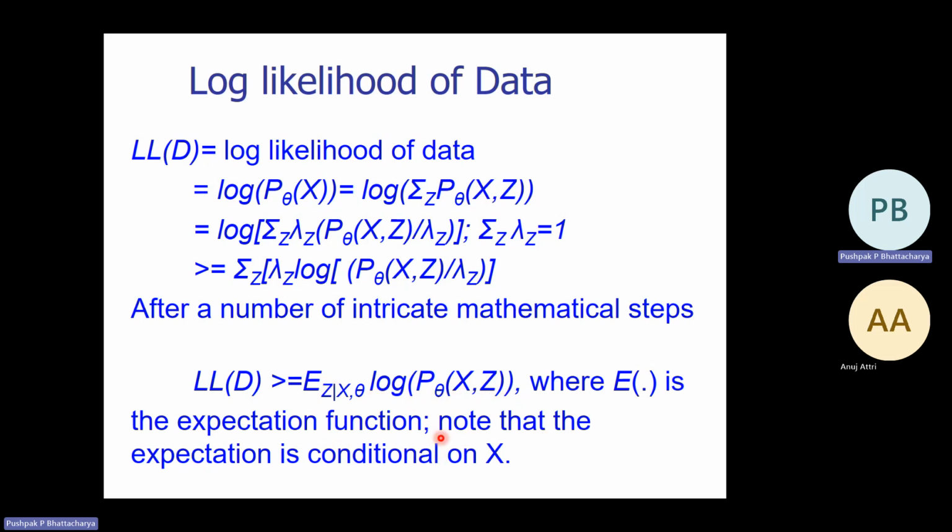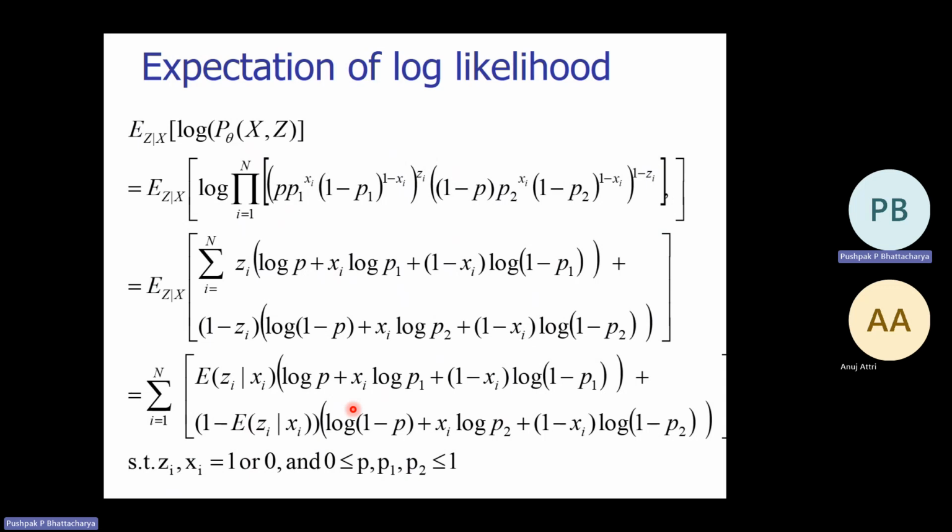Note that the expectation is conditional on x, where x is the observation. So once you do that, all these are like lines in a poetry, right? They very elegantly follow from the previous step. All laws of probability are being used, and expectation.